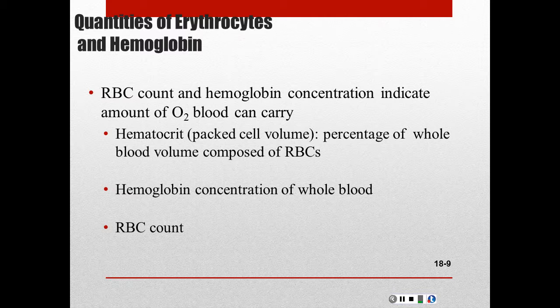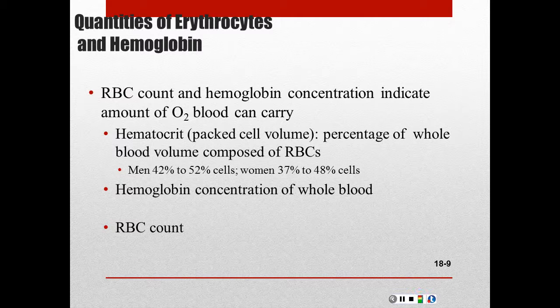The RBC count and hemoglobin concentration determine the amount of oxygen the blood can carry. The hematocrit, or packed cell volume, is the percentage of whole blood volume composed of red blood cells.